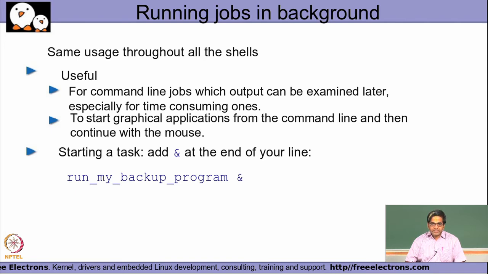The shell then starts this process as a background job and immediately comes back to the shell prompt, so that the user can type the next command or the next tool he wants to run. That is the main advantage and reason why the Unix operating system gives you a mechanism to run a task in the background.